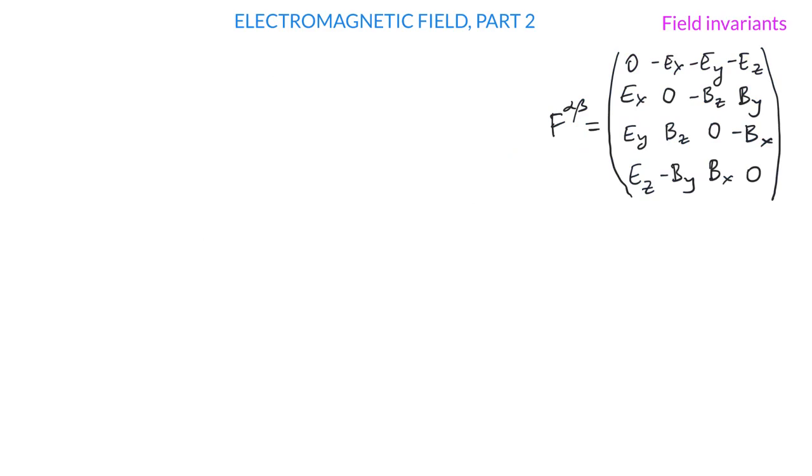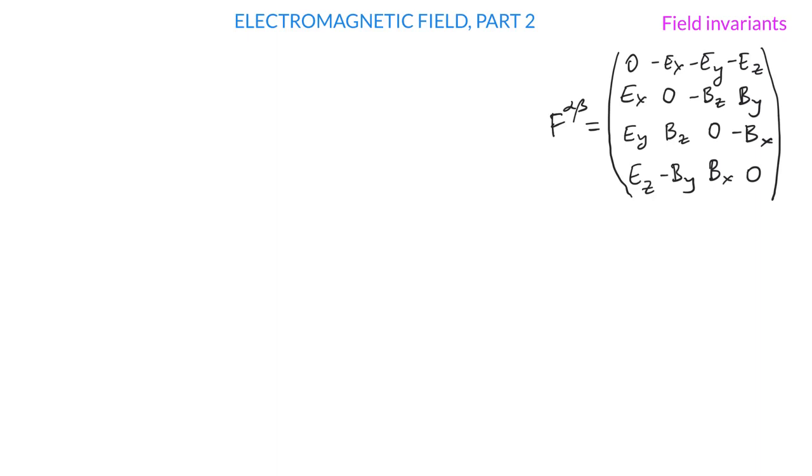Let us now discuss the so-called field invariants. These are the scalar Lorentz invariant quantities that can be formed from the components of the electric and magnetic fields. To form scalar quantities, we can take tensors and contract all of the indices.